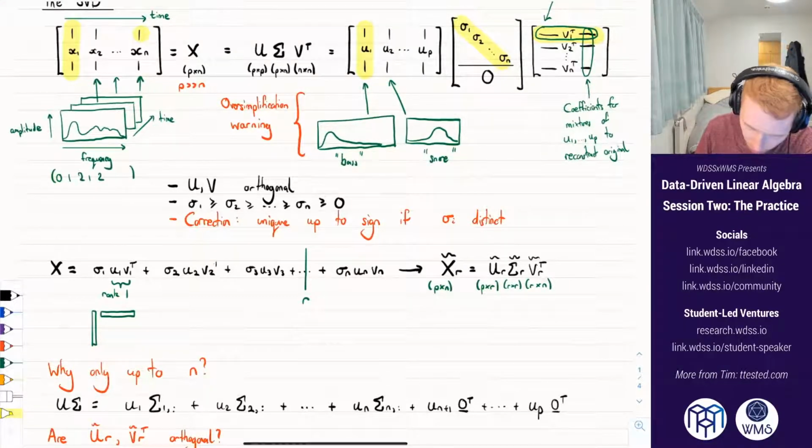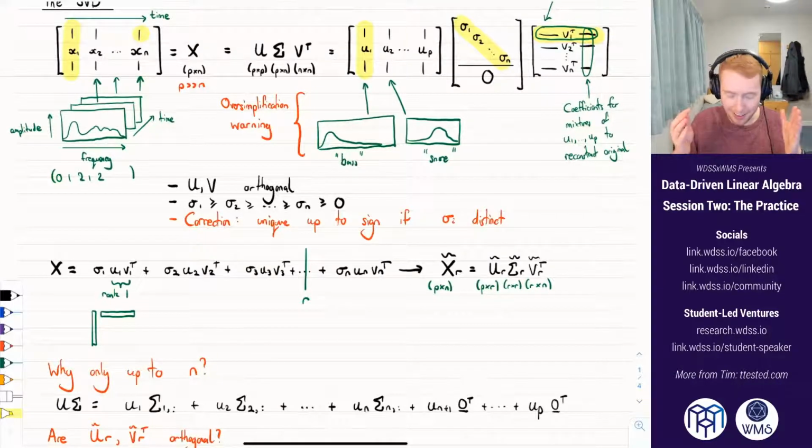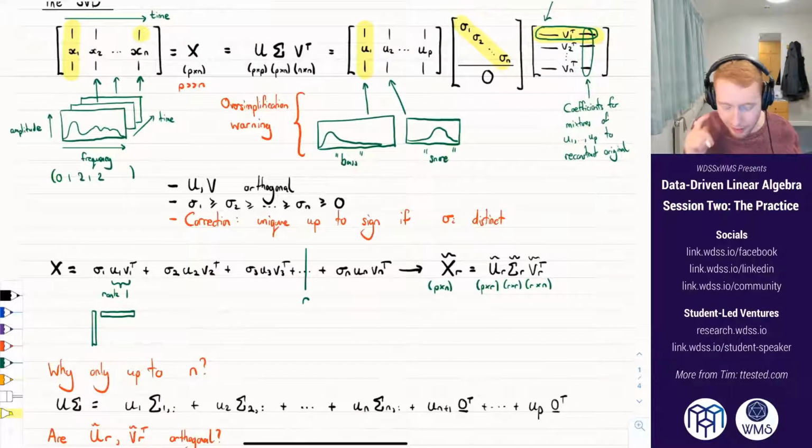I'm missing a lot of transposes today. And then we weight those by these singular values. They're very simple matrices. Basically, they're just a single frequency spectrum and the mixtures that you have of that over time. And then the idea was we would truncate this at a certain point.